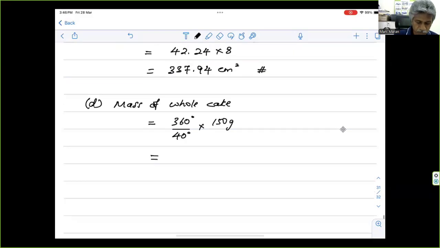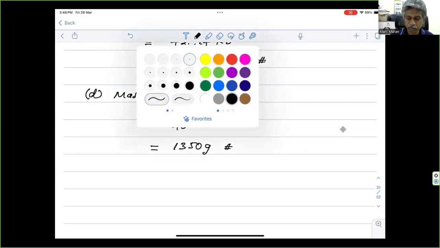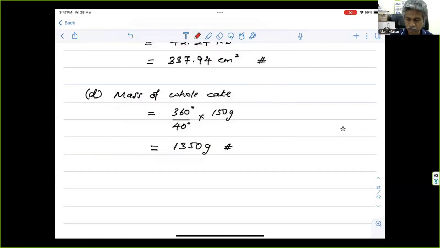So this will give you 1350. That is the weight of the whole cake. Another way of looking at this is, if a 40 degree sector weighs 150 gram, then 360 degree will weigh how much?